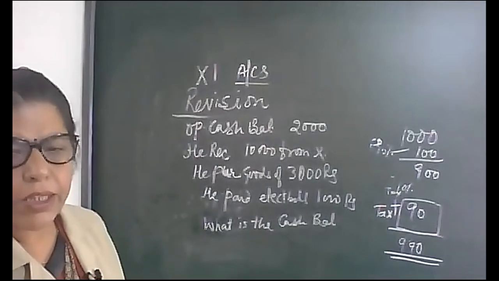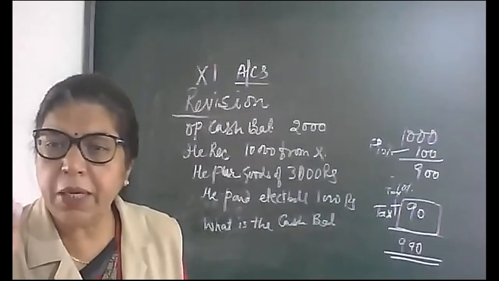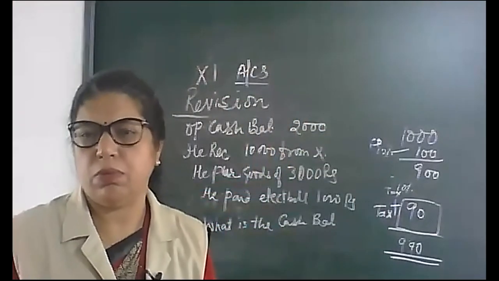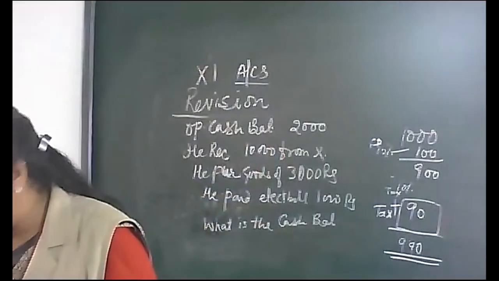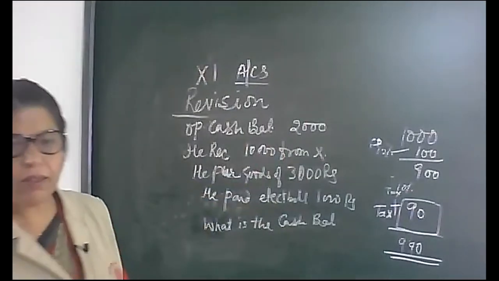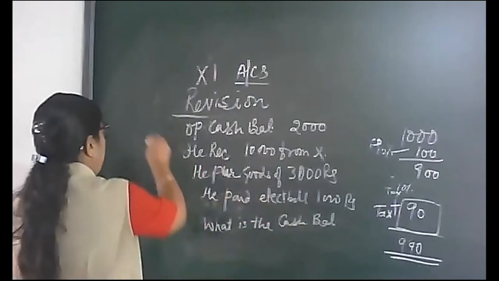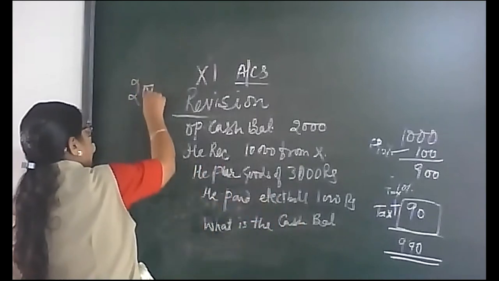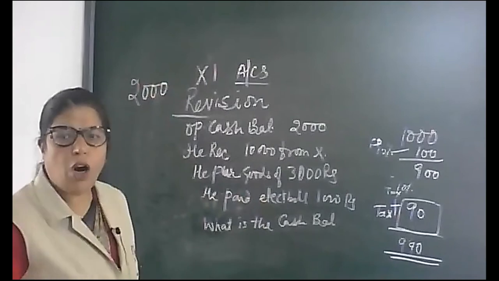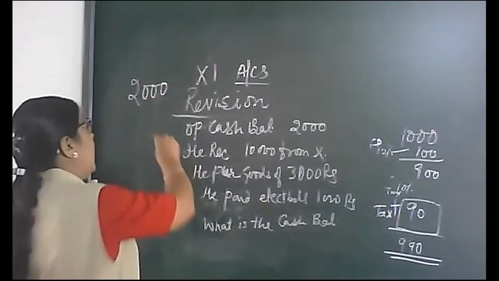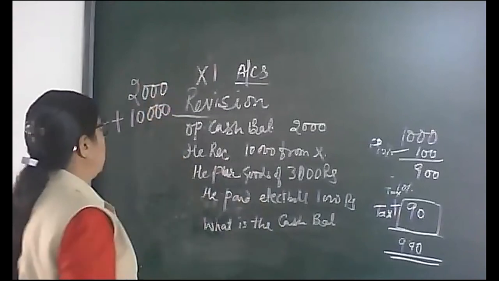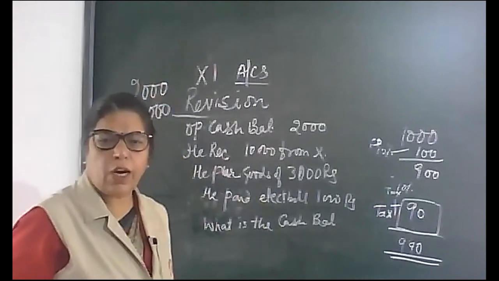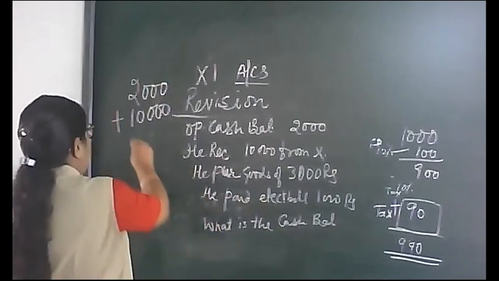What is the cash in hand? Now no need to make the complete cash book. Just add or subtract. See, 2,000, all inflows must be added and all outflows must be subtracted.